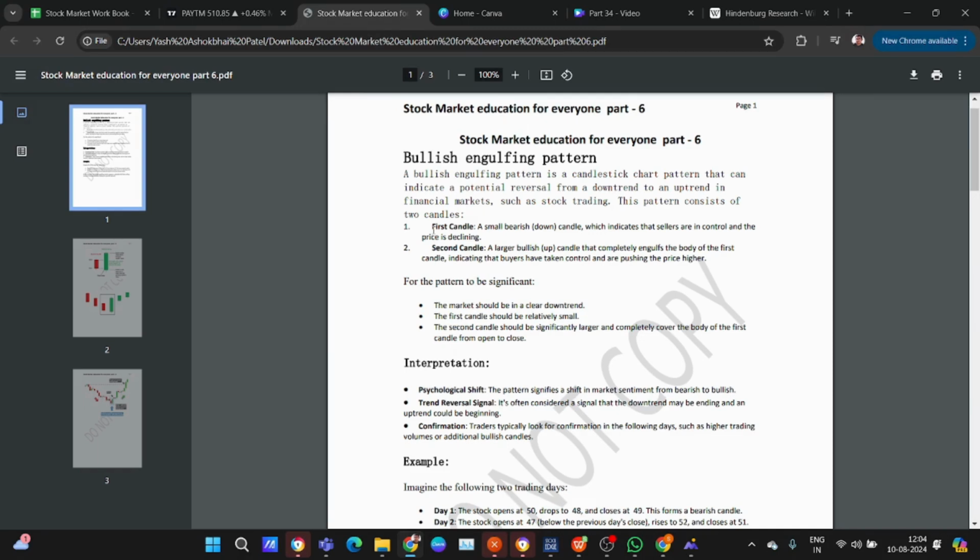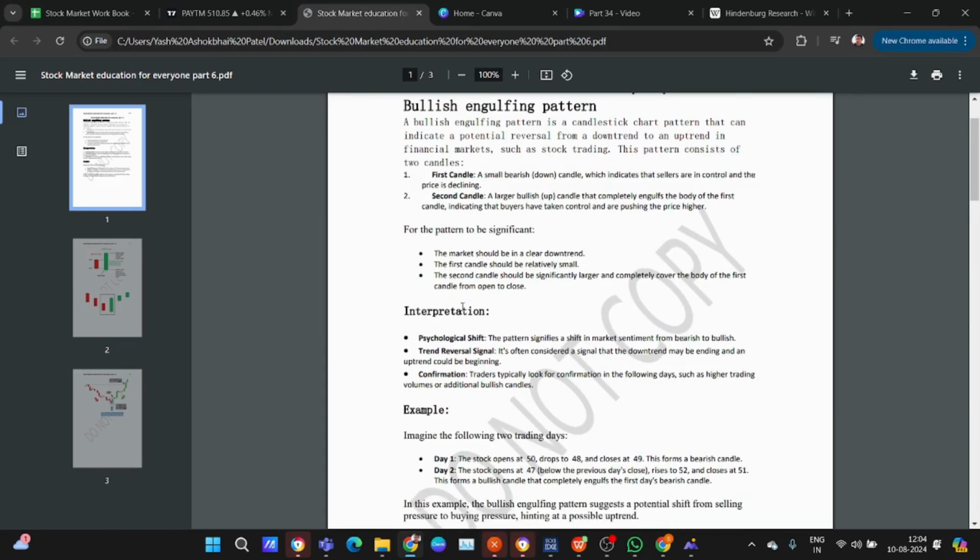The second candle is a large bullish candle that completely engulfs the first candle, indicating that buyers have taken control and are pushing the price higher.